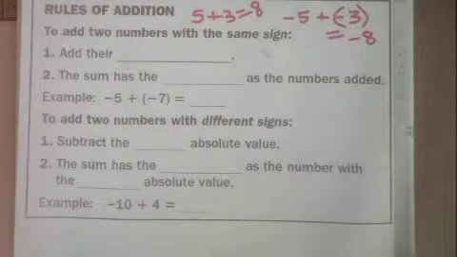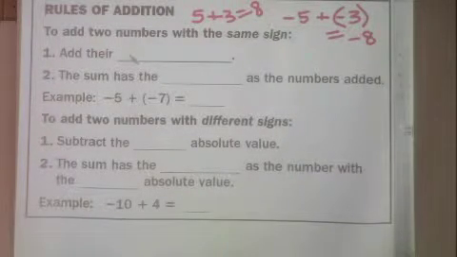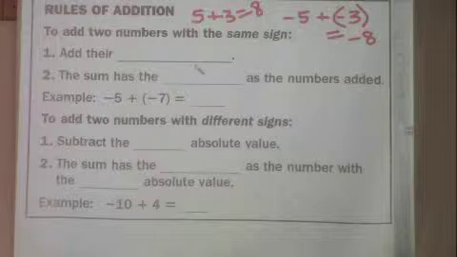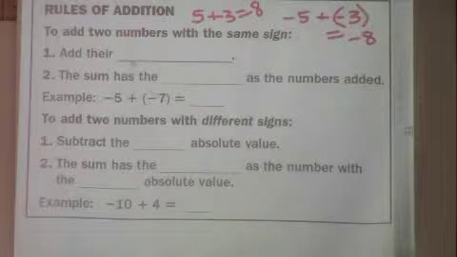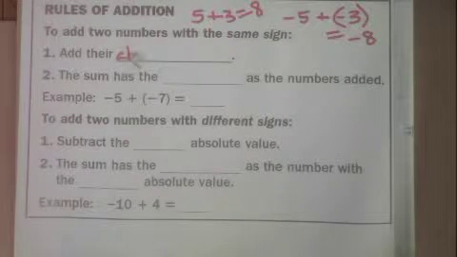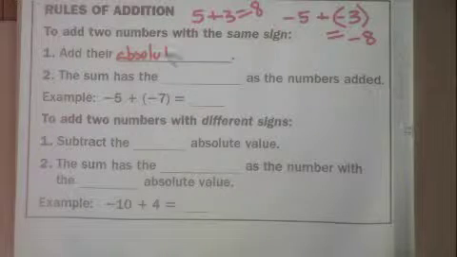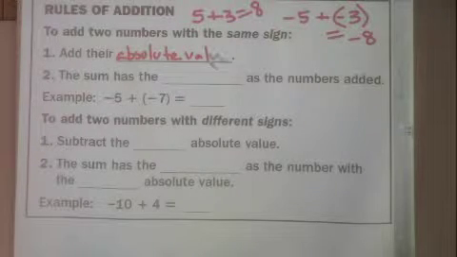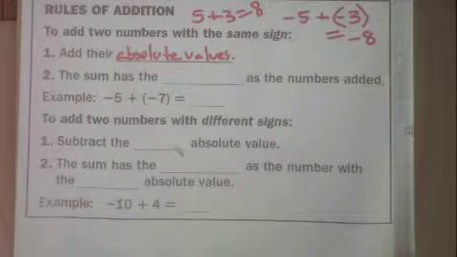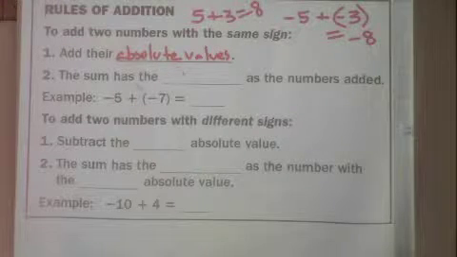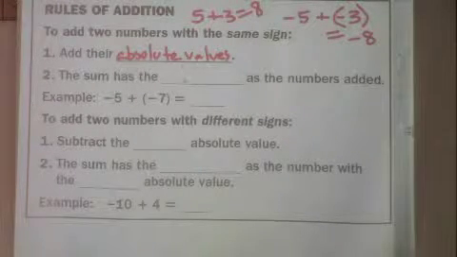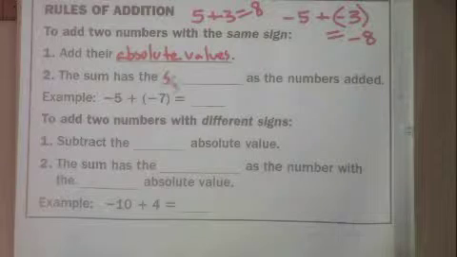If we have the same sign, forget about the sign. Forget about the positives and negatives for a second and just add their absolute values. Add the numbers. And the sum, whatever those two numbers give you, is going to have the same sign as what they were.